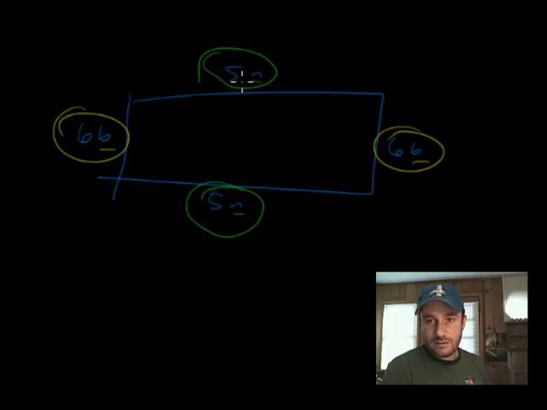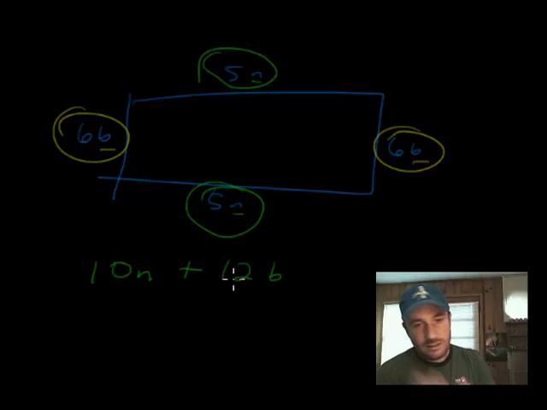If we add those together, that would be 10n plus 6b plus 6b is 12b. And indeed, that was one of the choices you had available as one of your options.